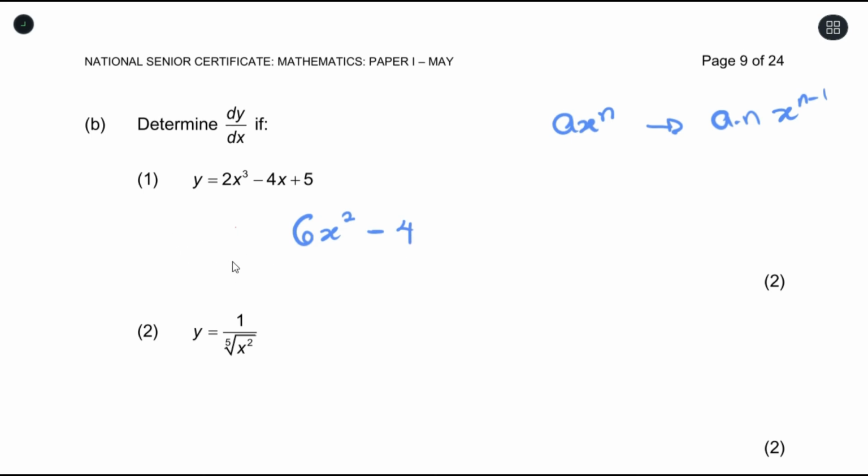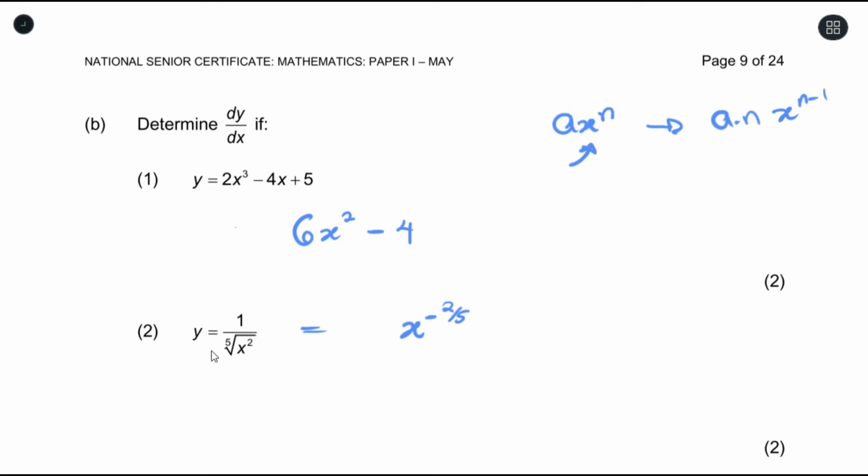Now to answer question 2, before you can differentiate it, it needs to look like this to start with. So meaning that I need to rewrite this. So rewriting this can be, yeah, so this is just a little bit of a reminder of what you learned in exponents.